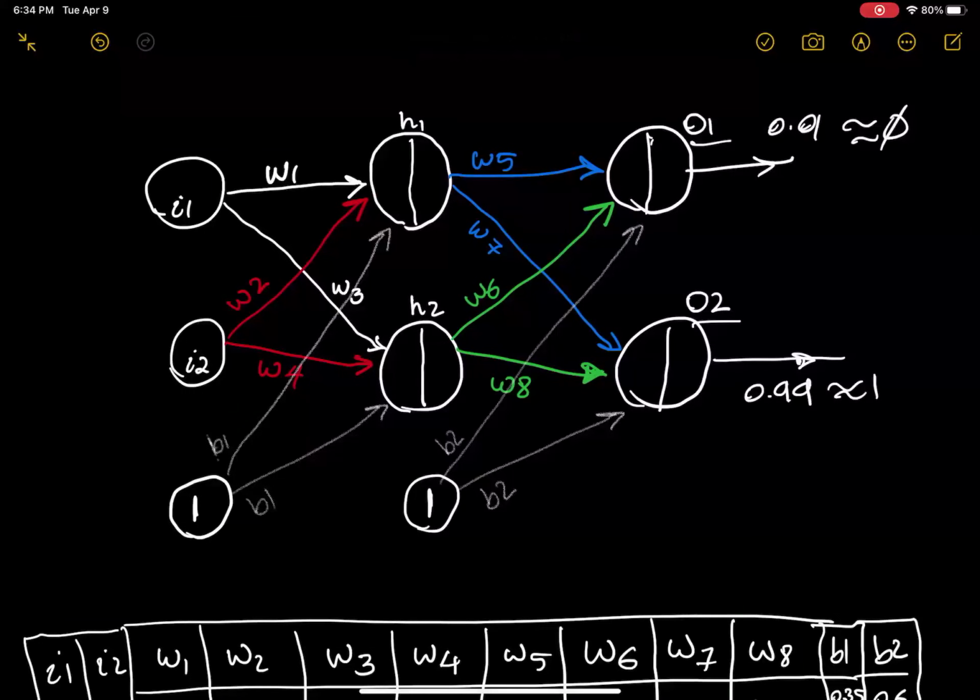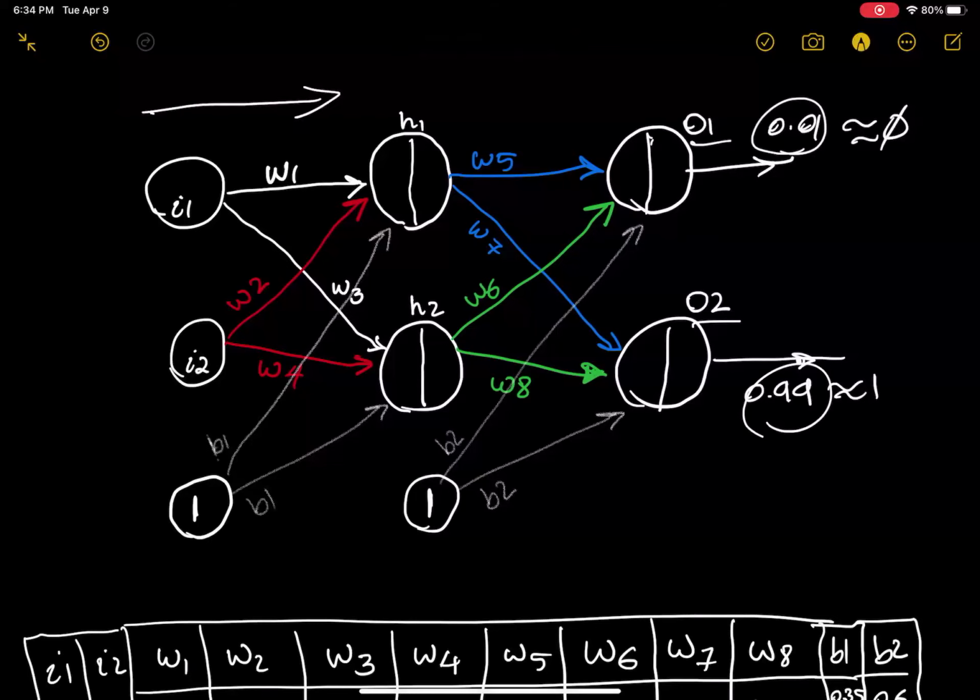Let's first look into the forward path. With these given weights, first I'm going to demonstrate a forward path, from beginning to the end.